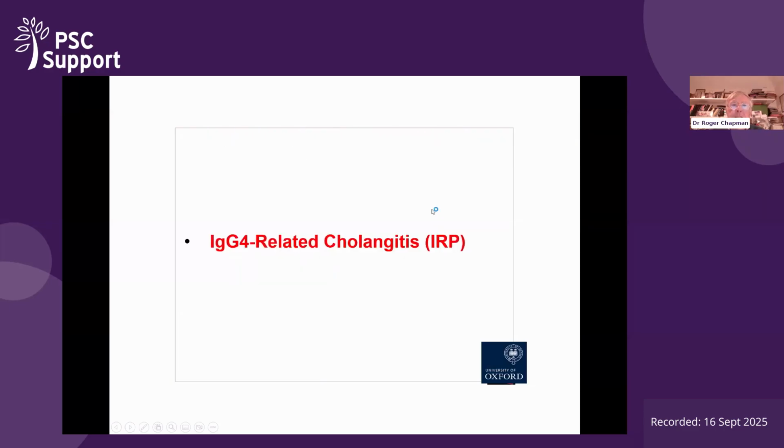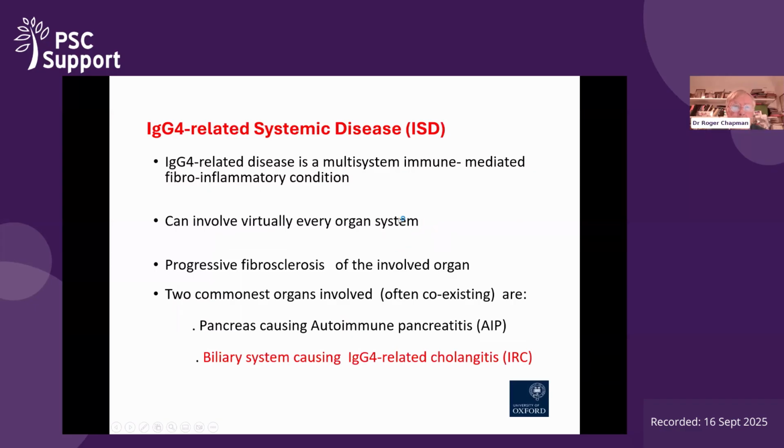What about IgG4 disease? Well, it's a multi-system immune-mediated fibroinflammatory condition, and it's a condition in which we've had a major interest in Oxford. My colleague Emma Culver, who you may have heard of, is taking over the autoimmune clinic, and she has become, we could say, the queen of IgG4, and she has produced many publications on this disease.